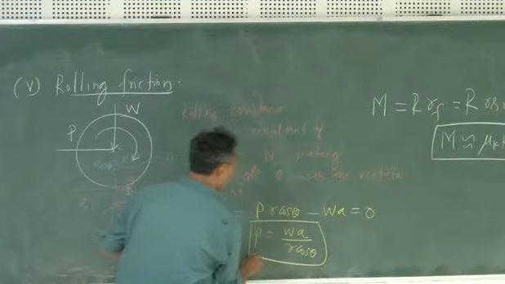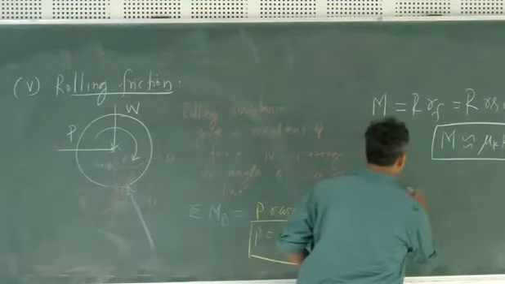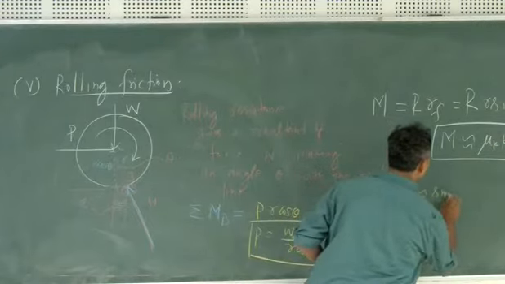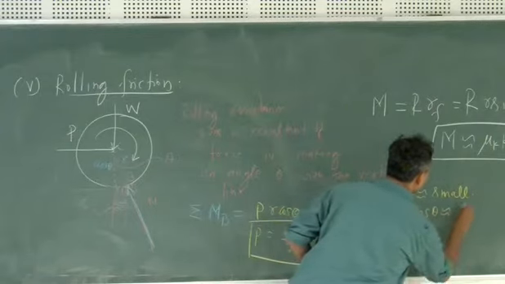Generally, such contact regions are very small, so theta is very, very small. In that case, your cos theta will become 1.